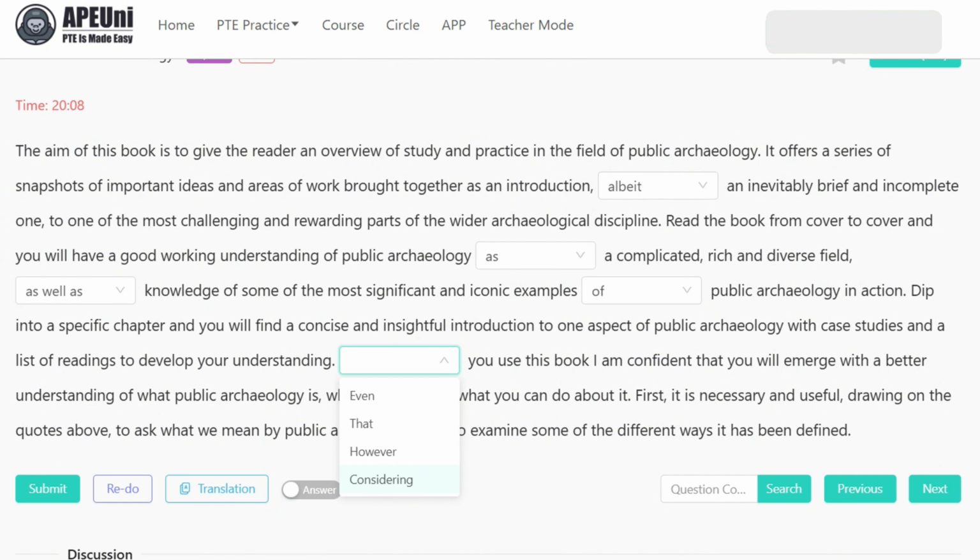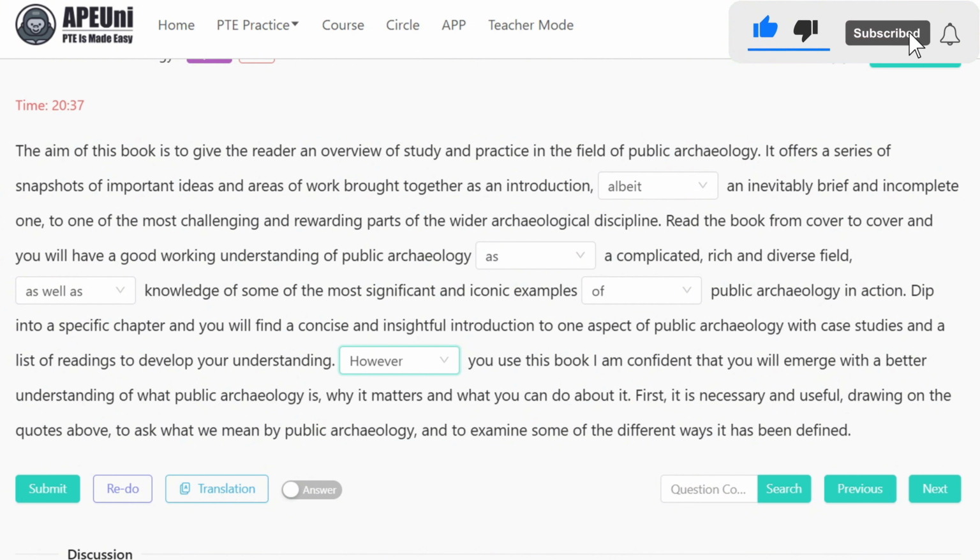Considering introduces evaluation or reasoning, right? Which definitely does not fit the contrast. For example, considering the circumstances, the outcome was expected. She handled the situation well considering the pressure, right? So the right option here is however. So we have ended up with correct options.